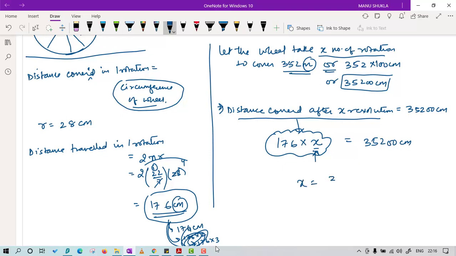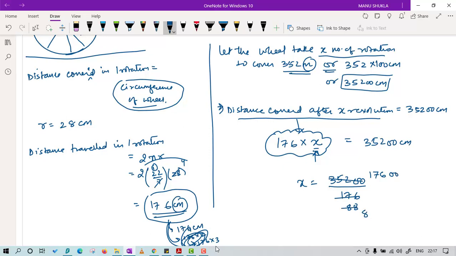So x is equal to 35200 upon 176, and when we cut it, what will happen? This can go with 2, so 2 8s are 16, 2 8s are 16, then 2 1s are 2, 2 7s are 14, 2 6s are 12, 00. Then we can go with 11, I think.